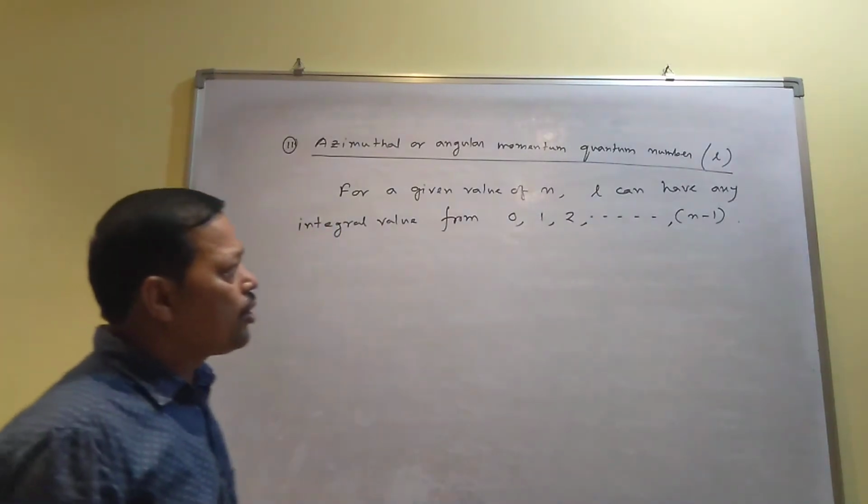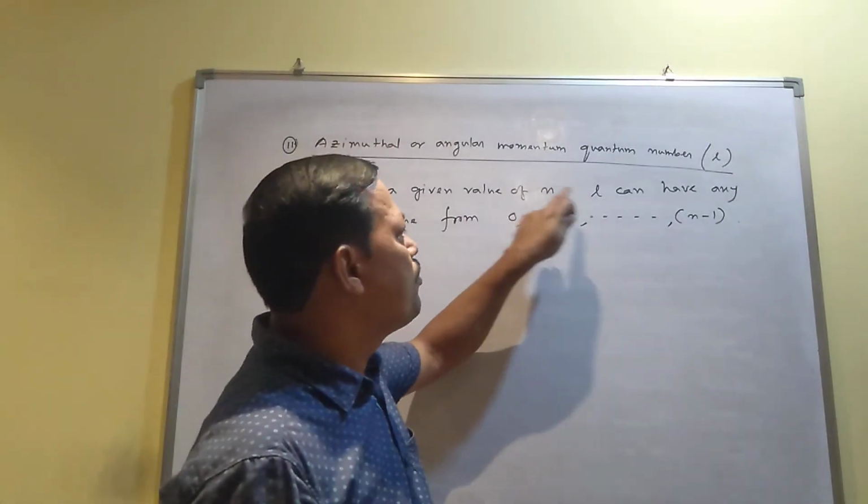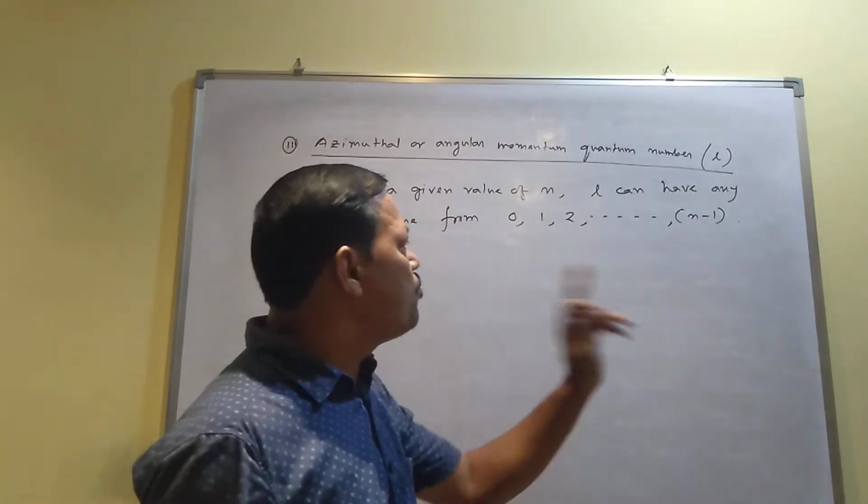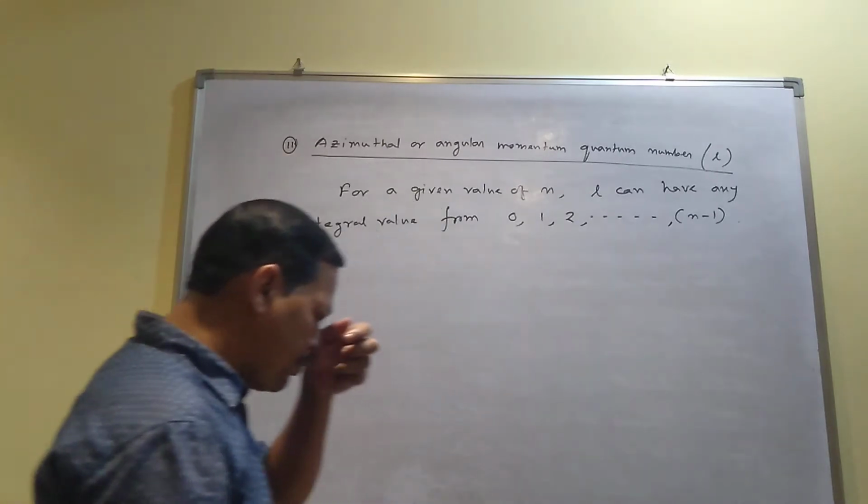So you have got n value starting from 1, but L value starting from 0. Always remember, n value starts from 1, L value starts from 0.